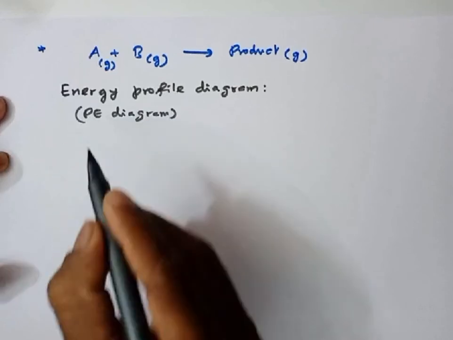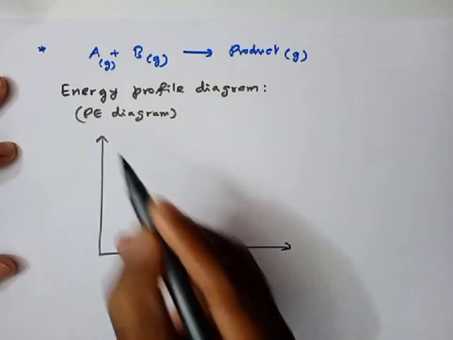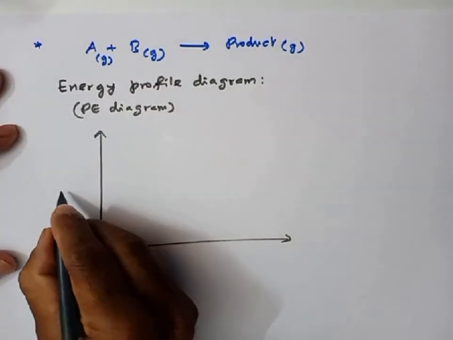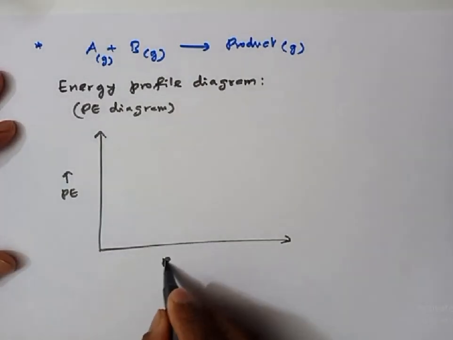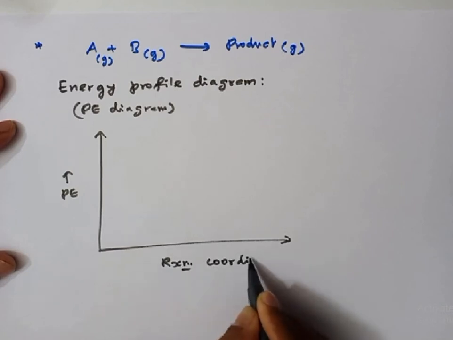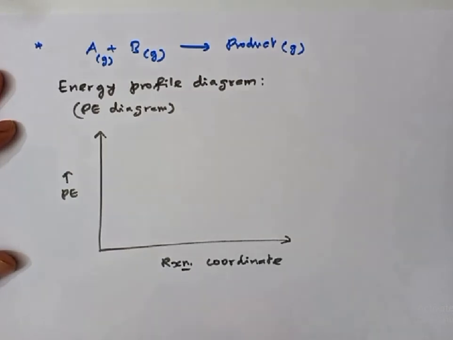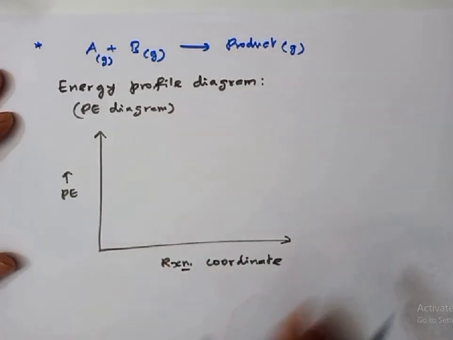What I'm going to do is plot potential energy on the y-axis. Then on the x-axis I'm going to plot some reaction coordinate. Reaction coordinate means any coordinate that changes during the reaction.